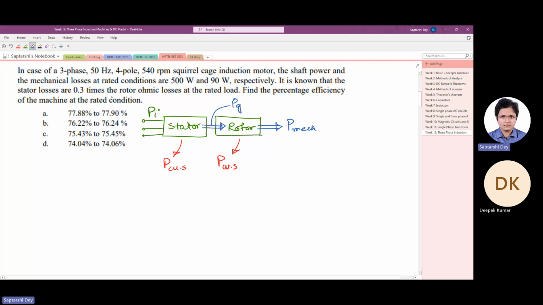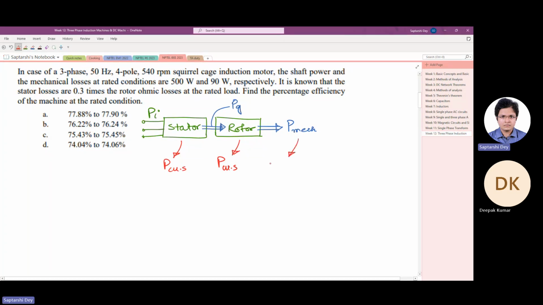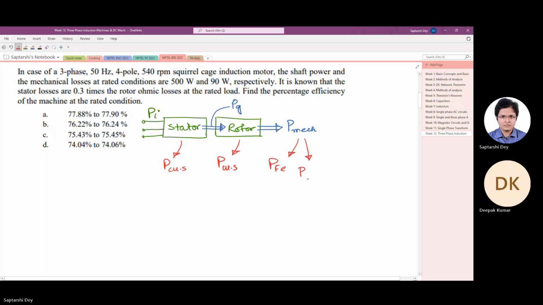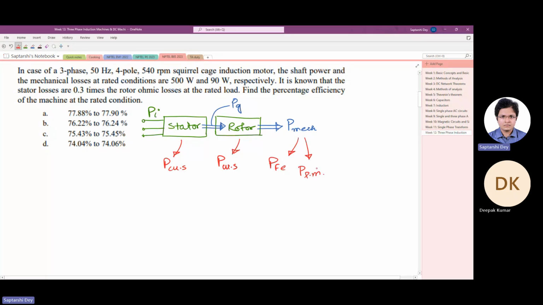From this developed mechanical power the iron loss and the mechanical loss, due to friction and windage, go away, and what remains is the shaft power.